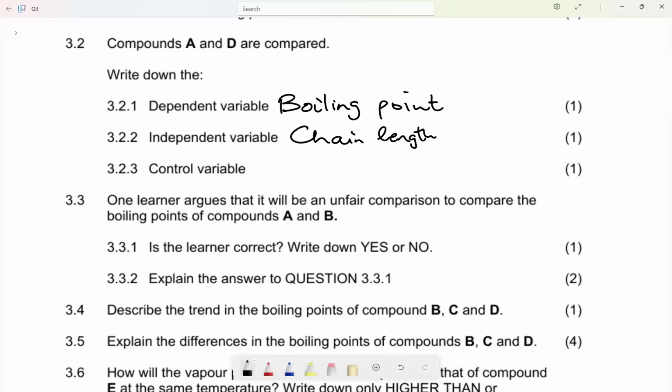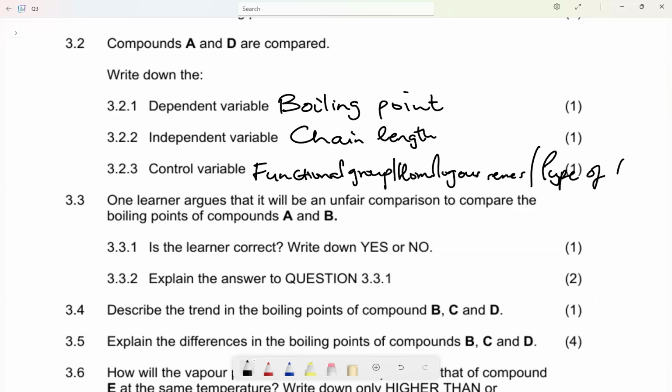You can say molecular size, it's fine. Control variable is the functional group, or you can say homologous series, or you can say type of intermolecular force, which are London forces. But remember, we find them from the functional group.